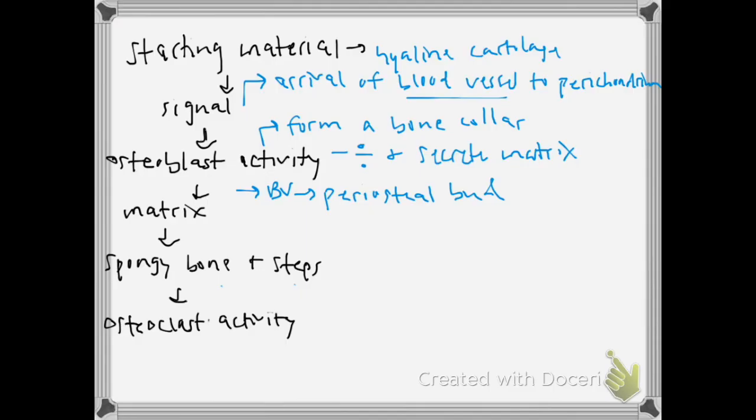For this hyaline cartilage template, it works a little bit differently. Instead we have chondrocytes within this hyaline cartilage, these cartilage producing cells. As these blood vessels penetrate, we get a change in pH.